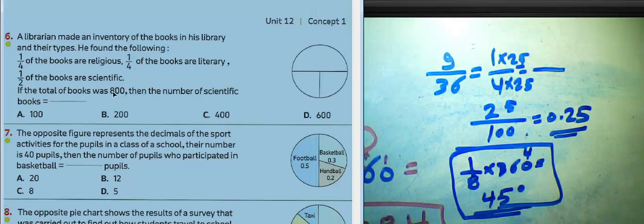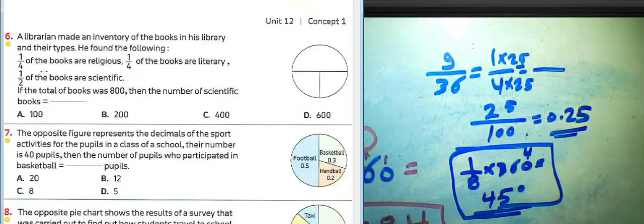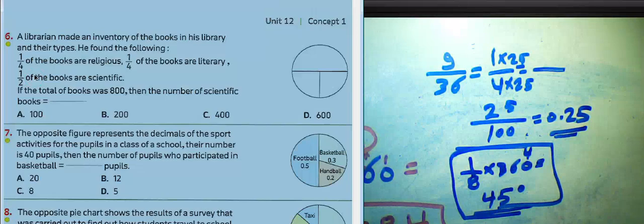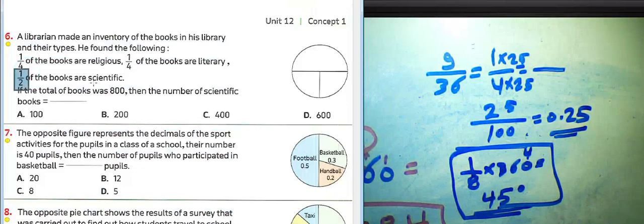If the total books was 800, then the number of scientific books, how many? The fraction was half. So we must find the half of 800. Half of 800 equal 400. We must choose the letter C.